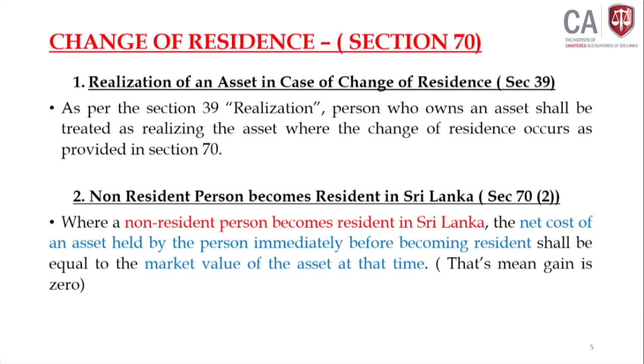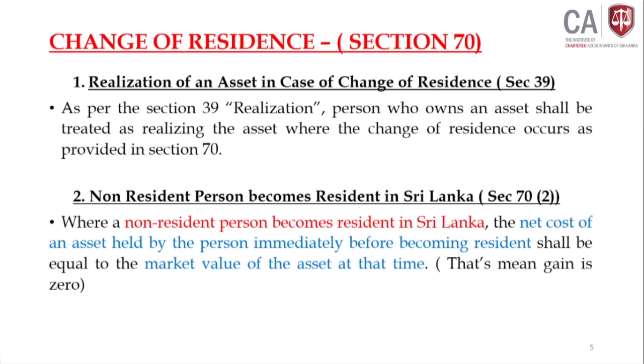All of you know that under section 69 we have determined the residential status. Now the next issue is, if the residential status has changed, what is the implication? It is covered under section 70. Why is this important? Because it is included in the sources of payment under section 73 also.